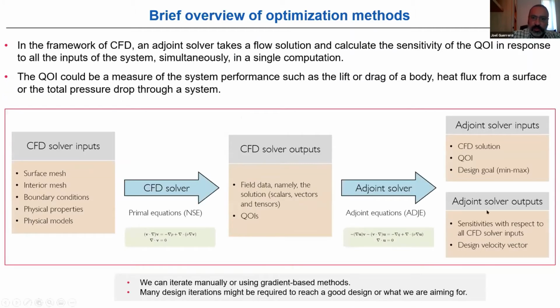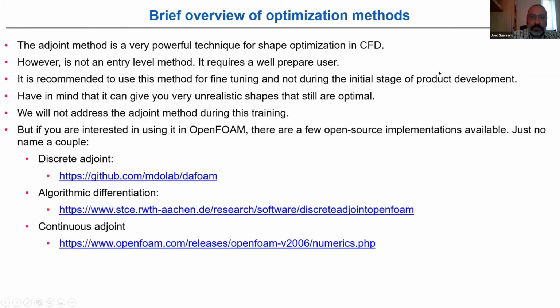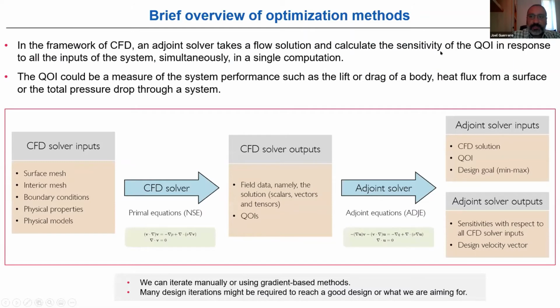Nevertheless, I would like to give you some introduction to this adjoint method, but I want to remind you that this training is not about the adjoint. This is a way to compute sensitivities, okay? We're talking about search methods. So the adjoint basically consists, in CFD, of computing the sensitivity of the quantity of interest in response to all inputs of the system, everything simultaneously in a single computation.